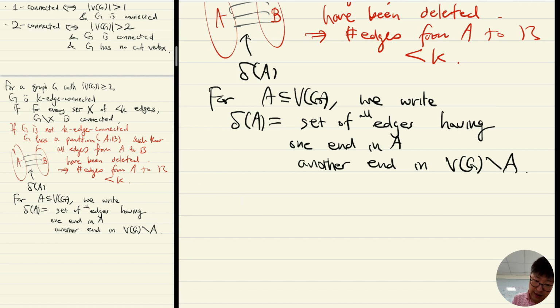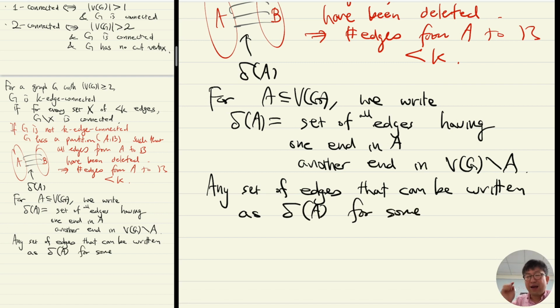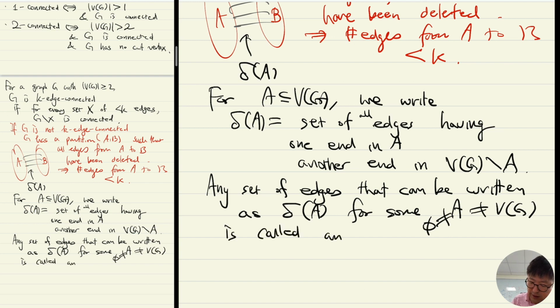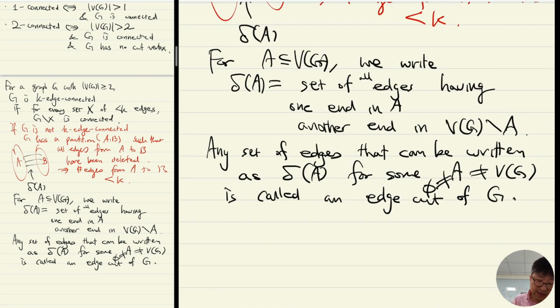Any set of edges that can be written as delta A for some A, which is non-empty and not equal to V(G), is called an edge cut of G. So now this observation says that a graph is k-edge-connected if and only if it has no edge cut of size less than k.